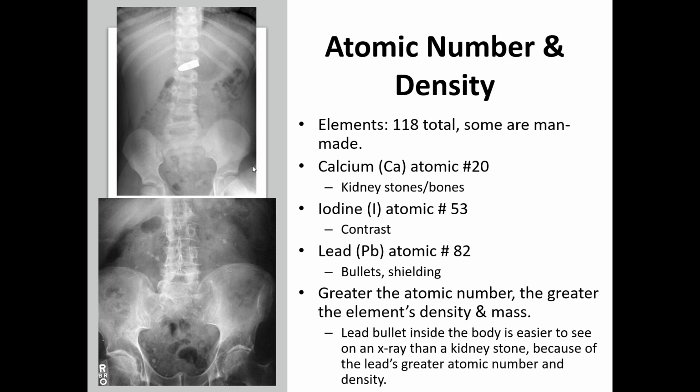So bone's kind of grayed out roughly in here, but this bullet, which has a really high atomic number, is very white, very bright because it absorbs a ton of X-rays. So relationship here, the higher the atomic number, the more likely it is to absorb X-ray.